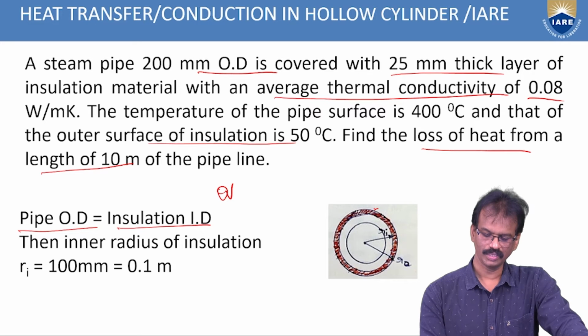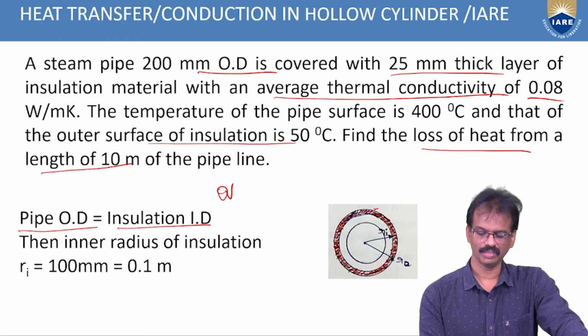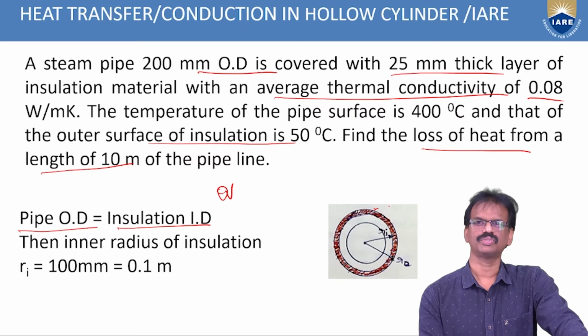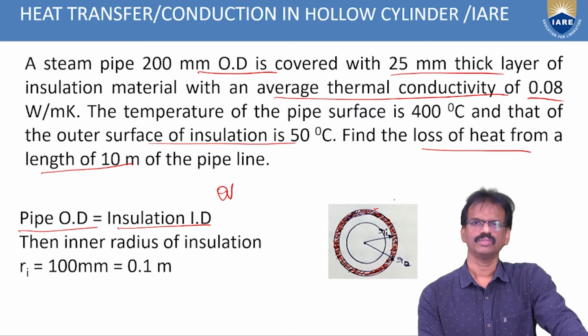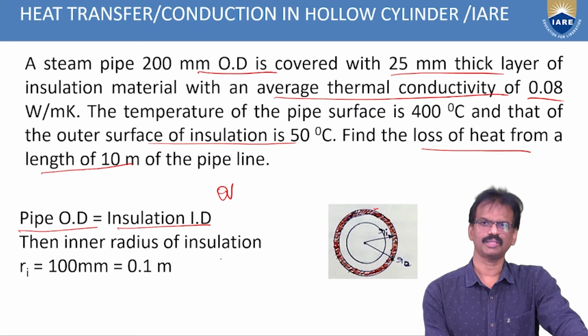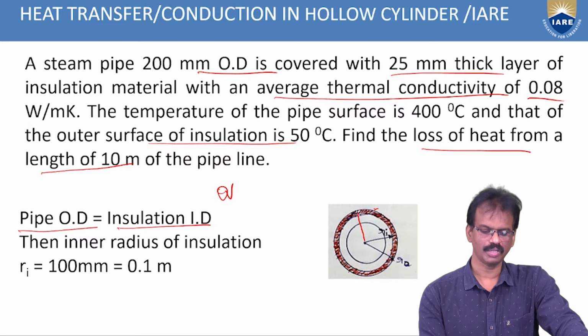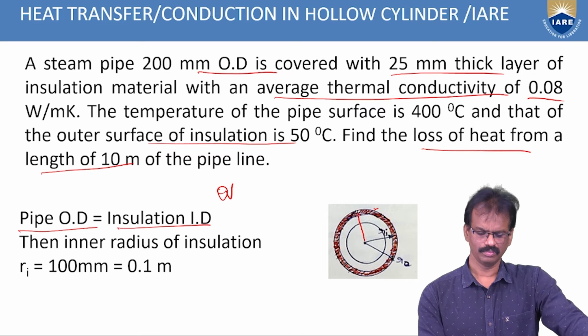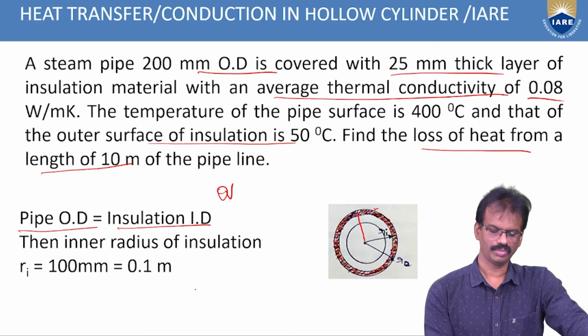You can also take the outside diameter of the insulating material. Then the inner radius of the insulation is also given. Inner radius of the insulation means the outer diameter of the pipe.